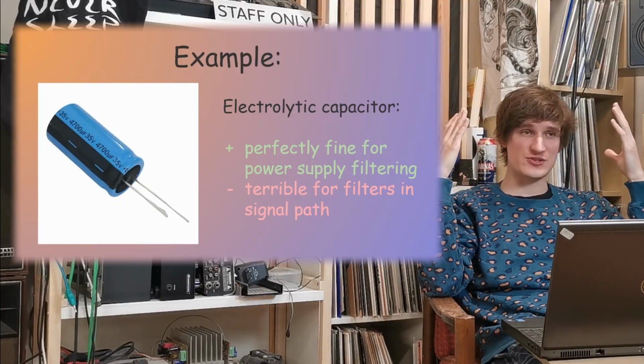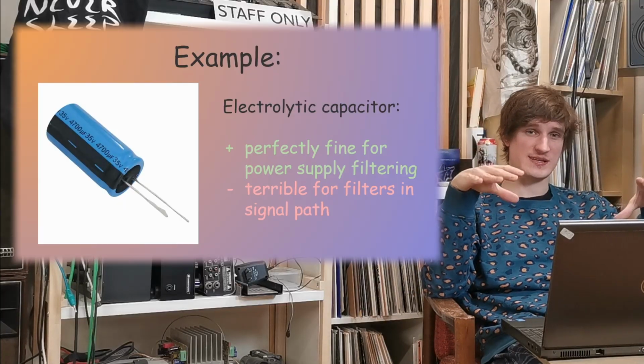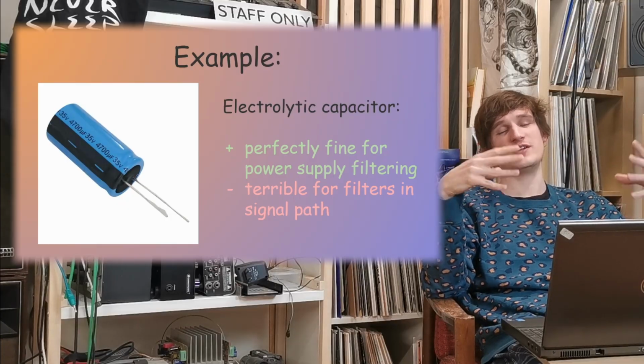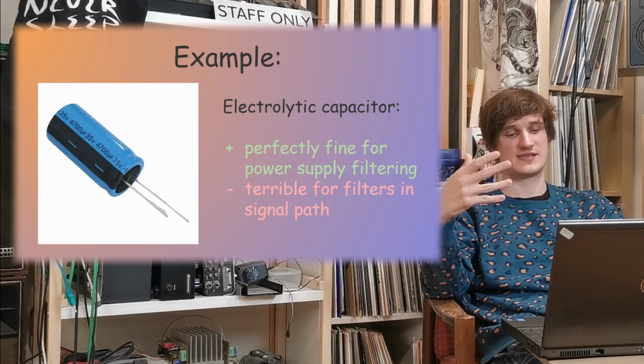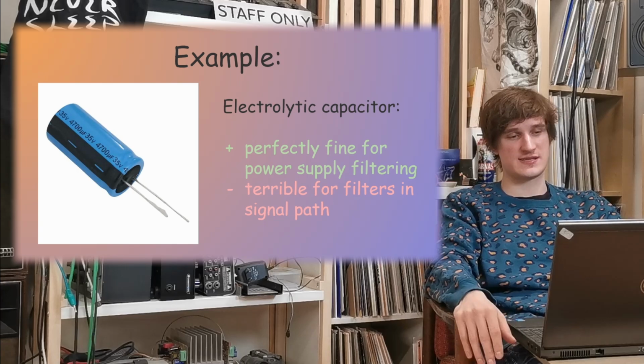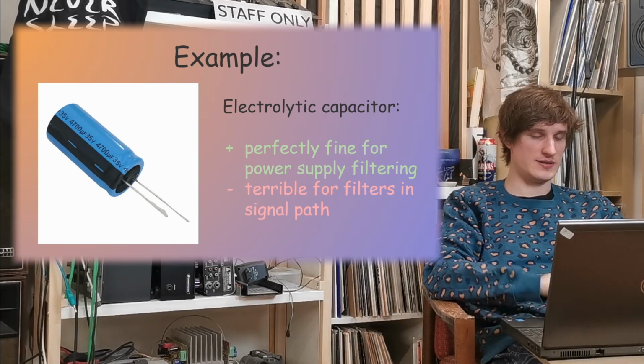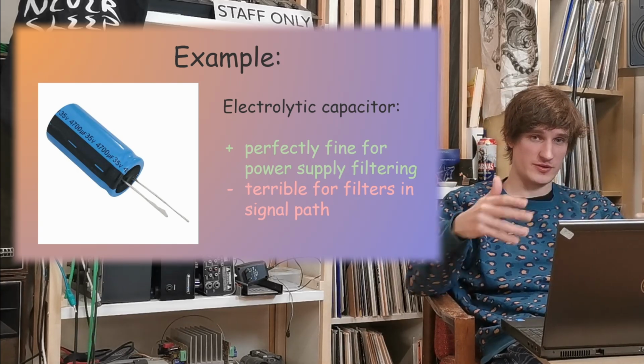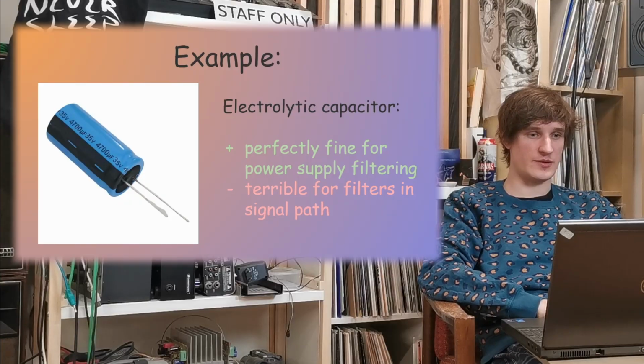But those kinds of tolerances are unacceptable in filtering applications in the signal path. So yeah, this is an example where it just depends what part of the circuit we are talking about.